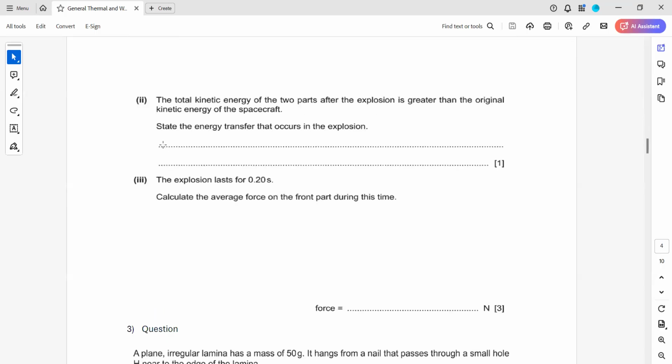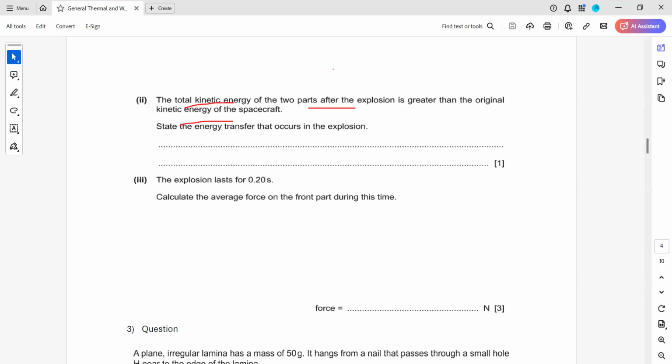The total kinetic energy of the two parts after the explosion is greater than the original. State the energy transfer that occurs in this explosion. The initial kinetic energy was less, but the total kinetic energy after the explosion is greater than the original energy of the spacecraft. What is the reason for that?